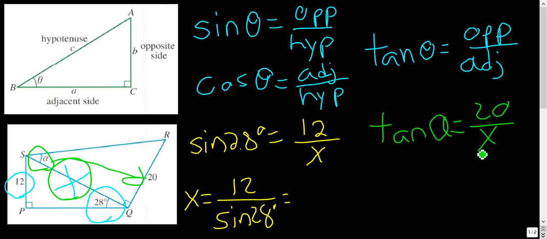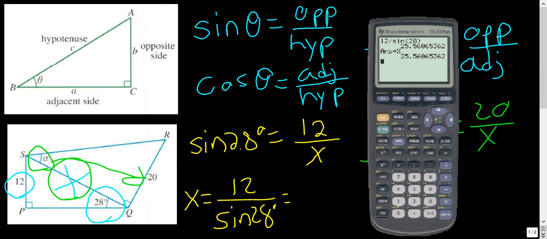That means the tangent of alpha is, if I go back to my calculator, 20 divided by x, which is 0.78242, and so on. So my tangent value is less than 1. Now, how do I find out what angle goes with that? Not so hard.